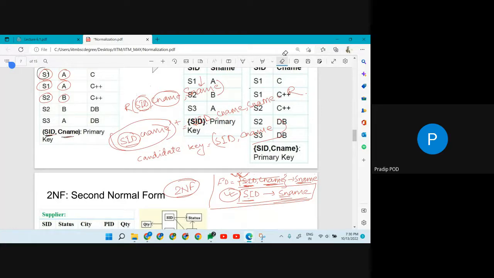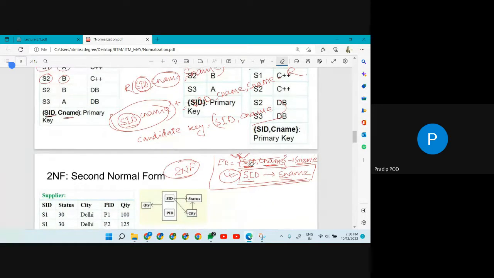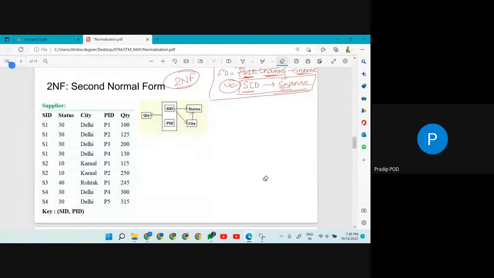So this is called the transitive dependency, and this violates the second normal form, right? Not in second normal form. So for that we have to make it second normal form. So how can we make it? Let's take this example. Here you can see this box is given. SID and PID together determine quantity.